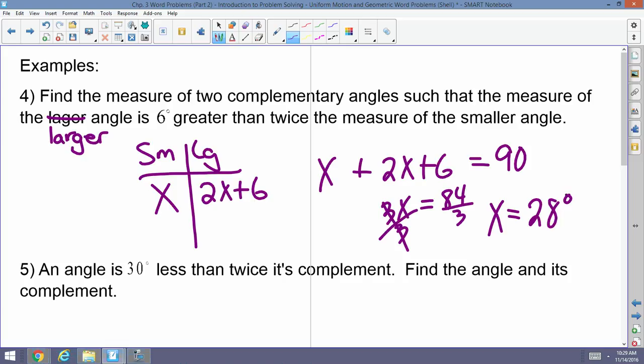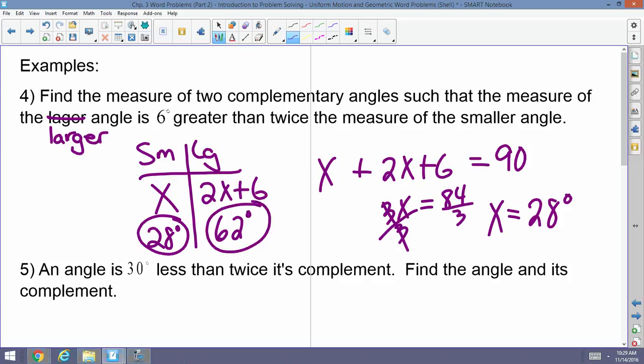So now, I want to find the measure of both angles. So this will be 28. And this will be 56 plus 6, which is 62. And 62 plus 28 does equal 90.